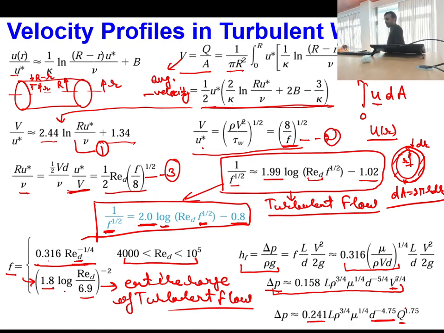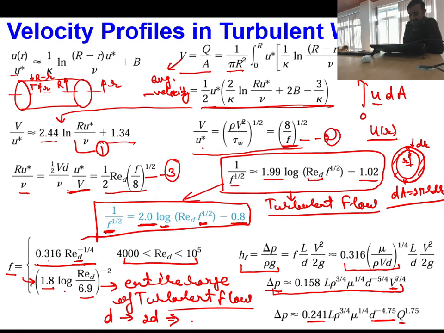Okay, so typically if you increase diameter from D to 2D, how much change will be there? 2 raised to power 4.75. How much is this value?